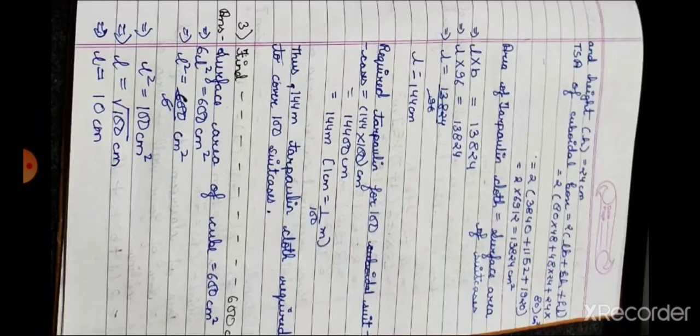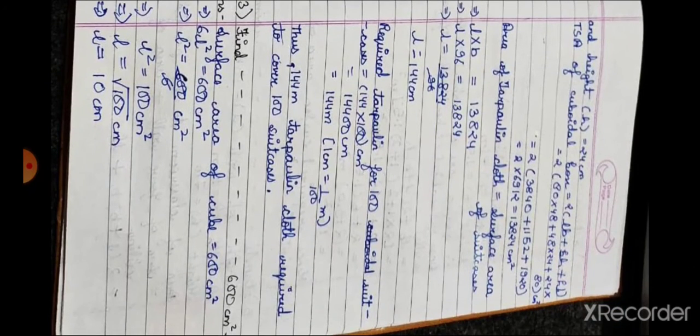Area of tarpaulin cloth is equal to surface area of suitcase. So L multiplied by B is equal to 13,824. It is given in the question that breadth of the cloth is 96. So from here we can easily calculate length of the cloth, and it is 144 centimeter.